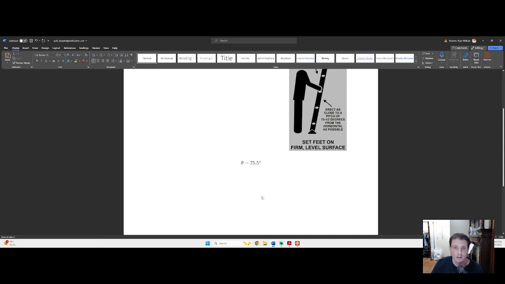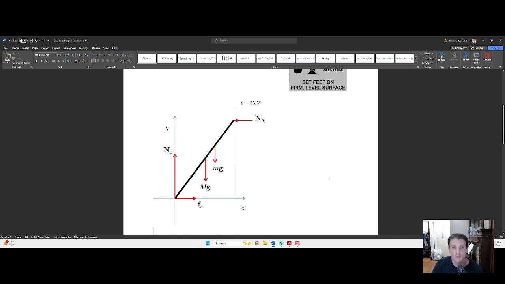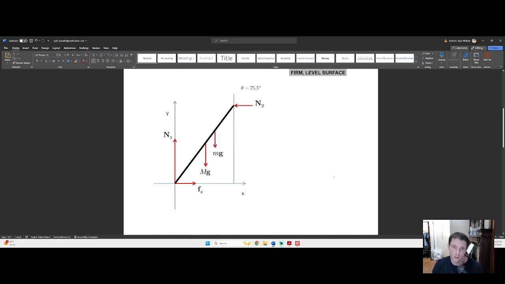So this is kind of what you want to do. I just realized that I should have specified some things. I didn't specify that the ladder, the black line, makes an angle with the horizontal, and that angle is theta, the 75.5 degrees.